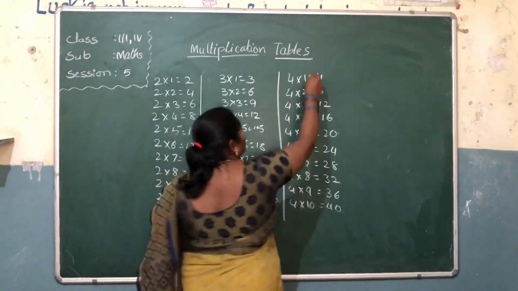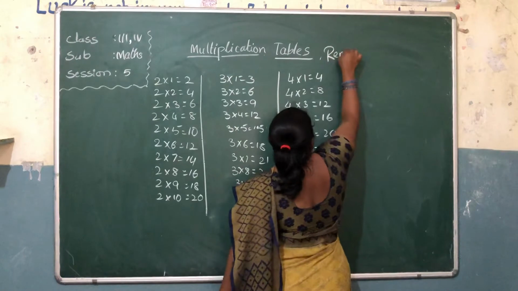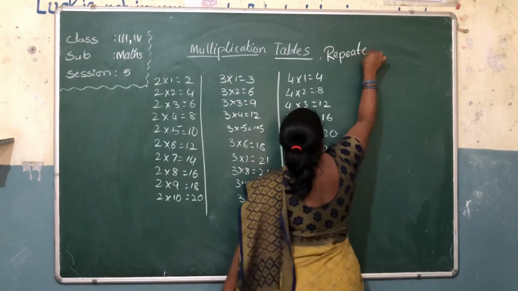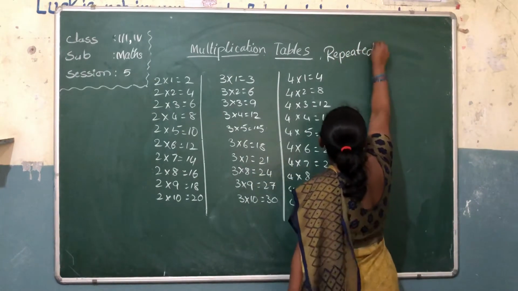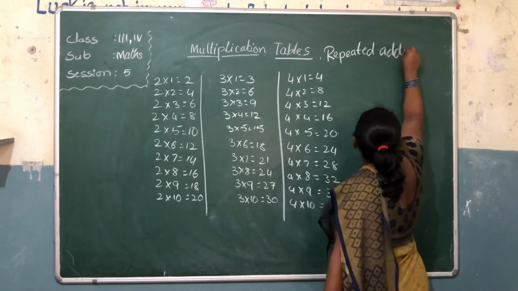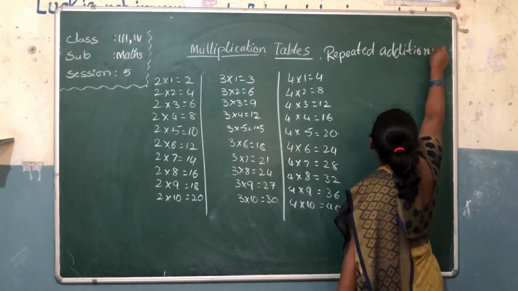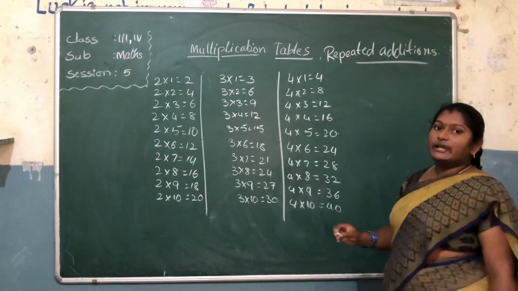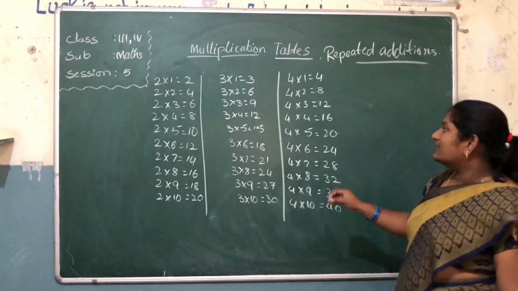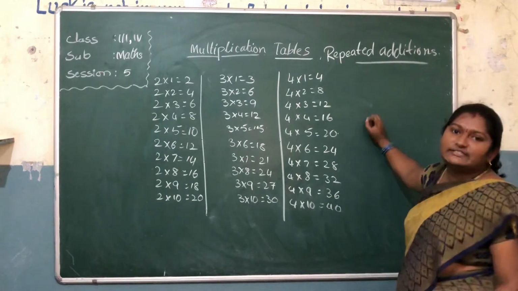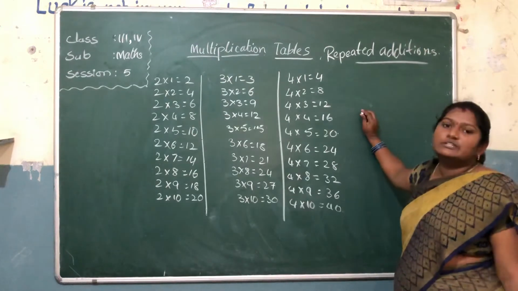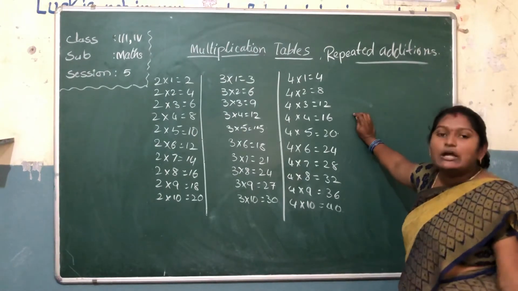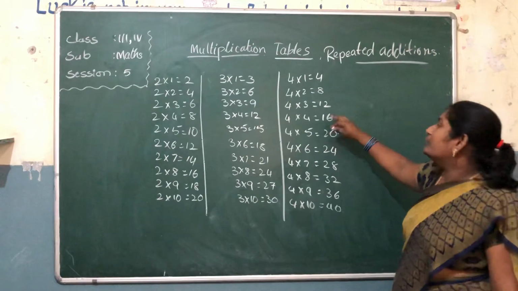Now we will discuss repeated additions. What is the meaning of repeated additions? It's nothing but this: if you forget 4 eights are, for suppose 4 fours are, or 4 threes are, how is it possible to get the answer?